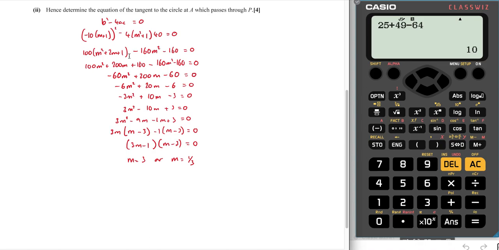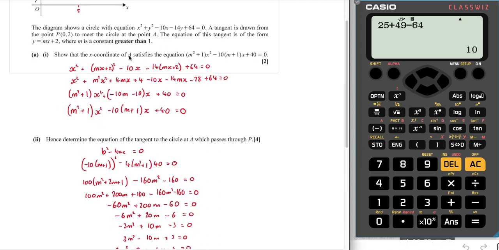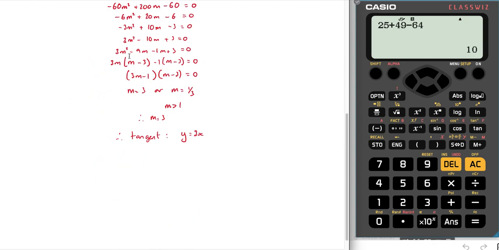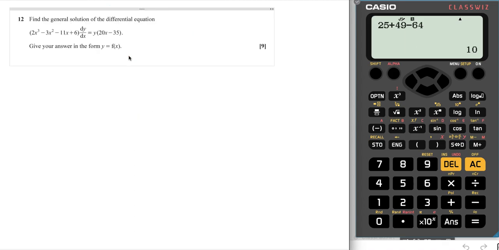So we know m is greater than 1, so m equals 3. So my tangent is y equals 3x plus 2, let's double check it. And I think we're on the last question.